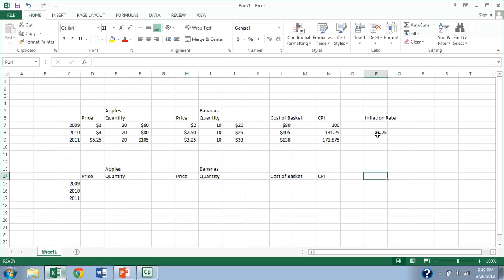Okay, so 31.25%. Now I would actually instead not multiply by 100, and we're going to tell Excel that this is a percent. So it comes out as a decimal. We'll tell Excel that it's a percent.